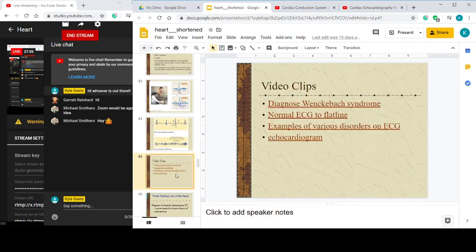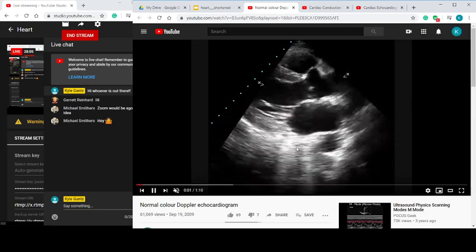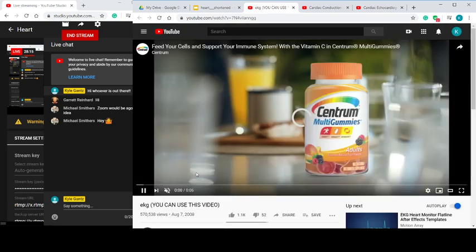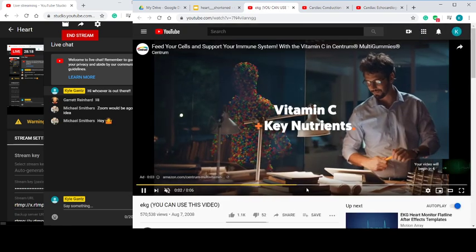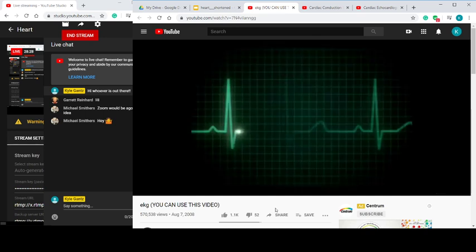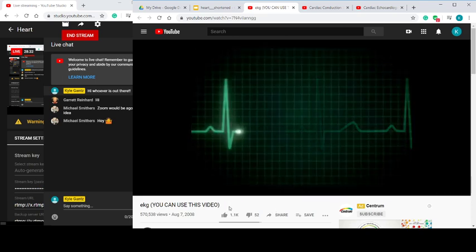Let's see. I bet none of these will work. All right, so there's our echocardiogram. We'll see a normal EKG go to a flat line, which you normally see in the movies. I think we've seen that a million times.